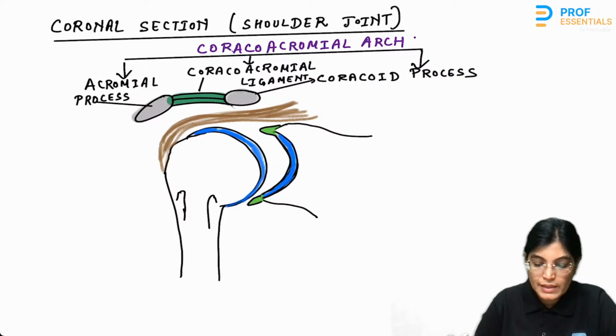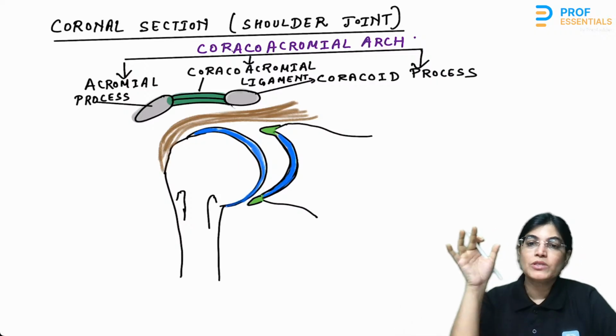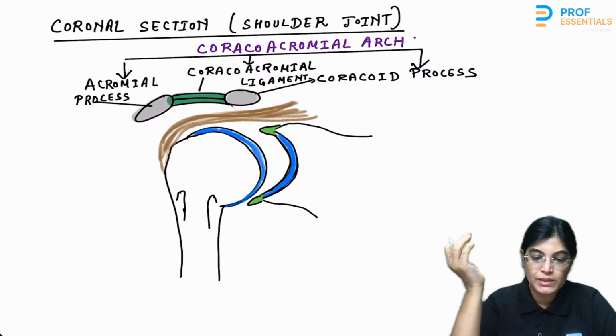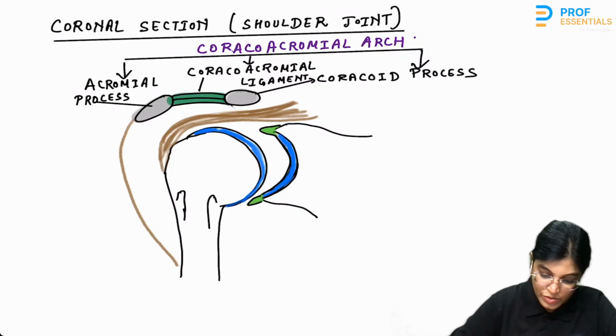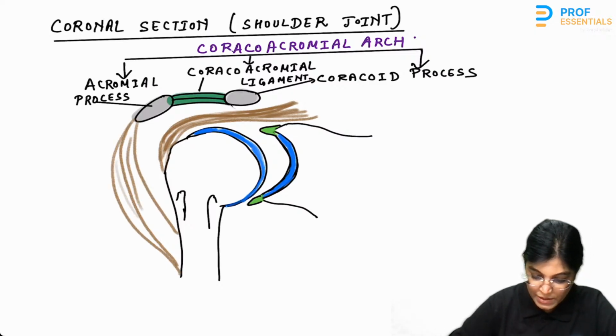Now, other than that, we know that onto the acromial process we have got the attachment of acromial fibers of the deltoid muscle. So you can just draw here with brown color only. We can draw the deltoid muscle.